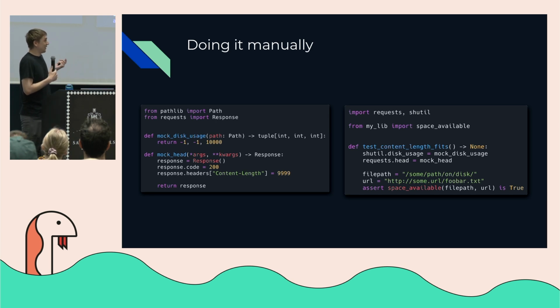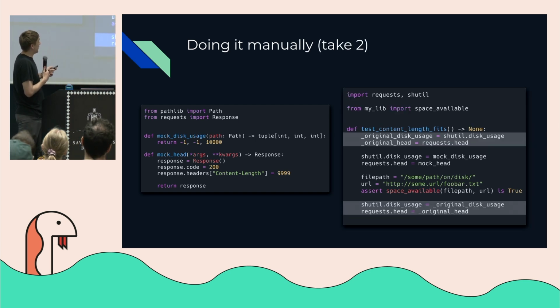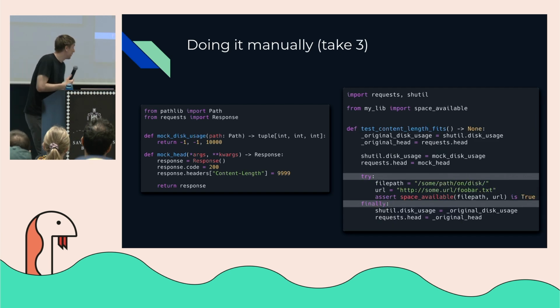We want it to unset with every test. So we can do something simple here where we overwrite it, keep track of the original version of the function, and then when the test is finished, we put it back. Pretty simple, but there are some flaws with that.